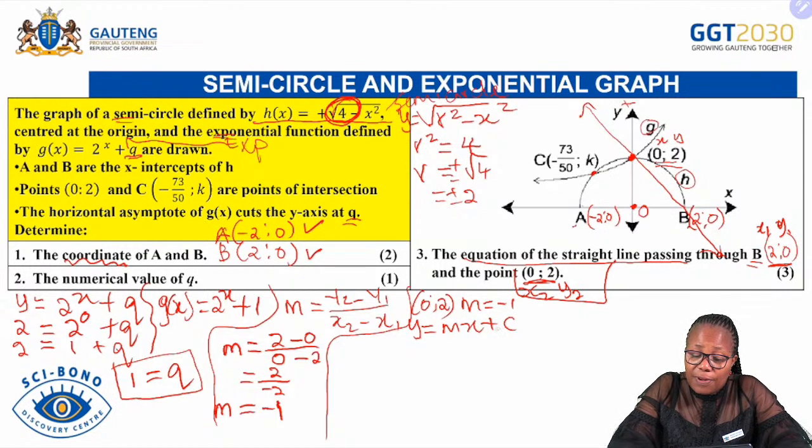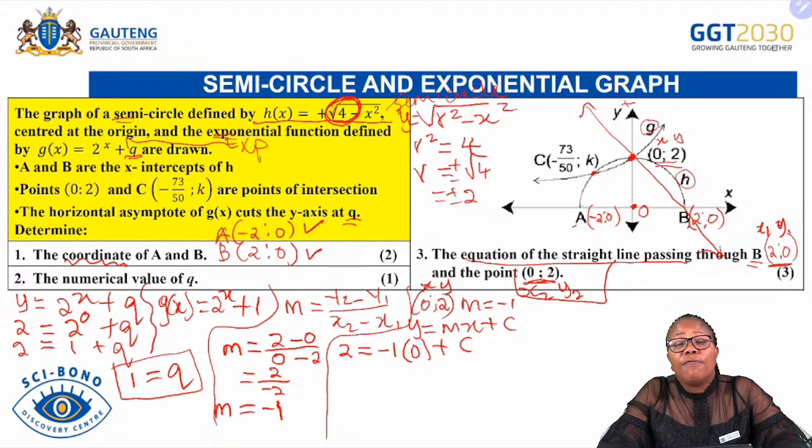And then we want to find the value of c now. This will be our x, this will be the y. So for y, we are going to substitute a 2. Gradient, we have minus 1. For x, we substitute a 0. The aim is to find the value of c. If we can have that c value, therefore, we will be happy now.